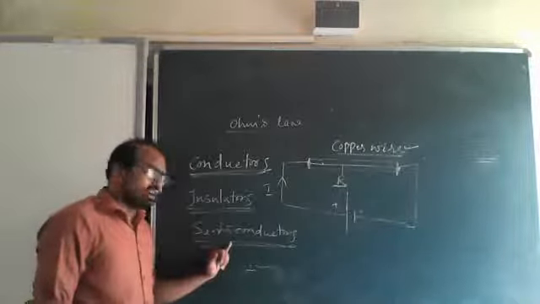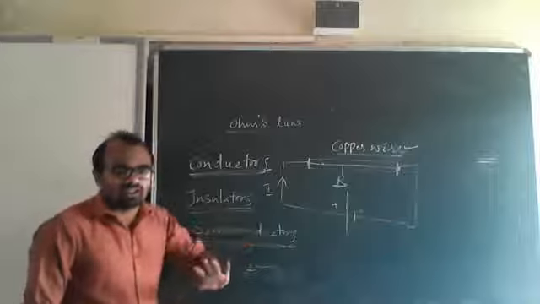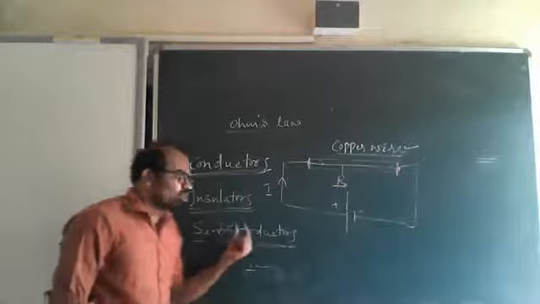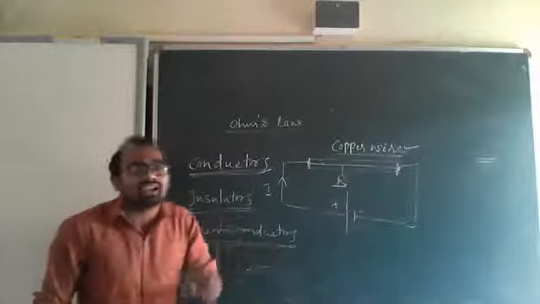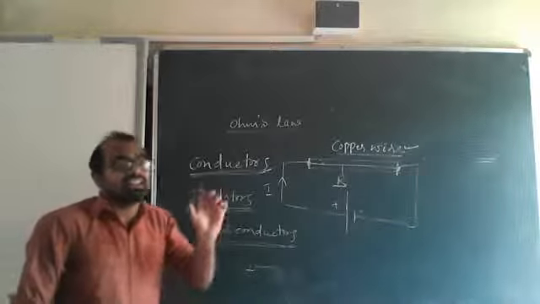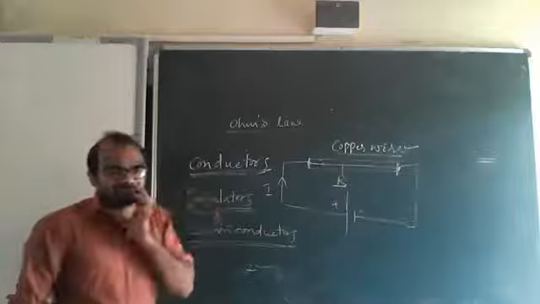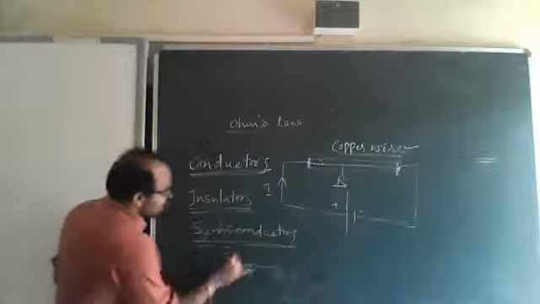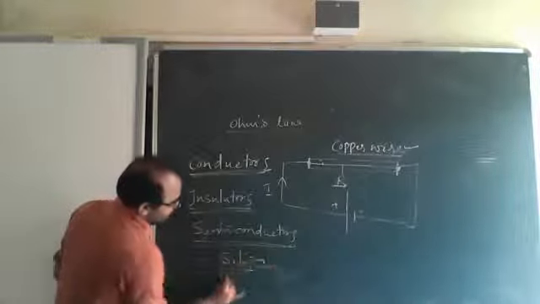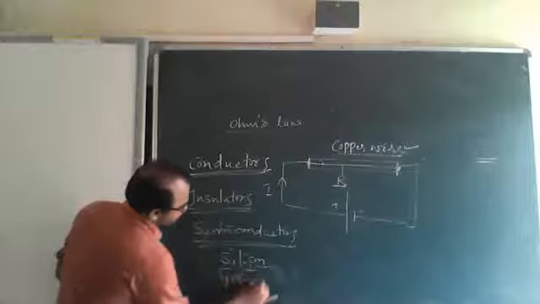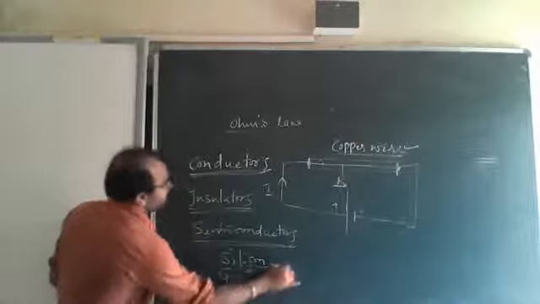Semiconductors are materials whose conductivity is in between conductors and insulators. For example, silicon, germanium. These are examples of semiconductors.